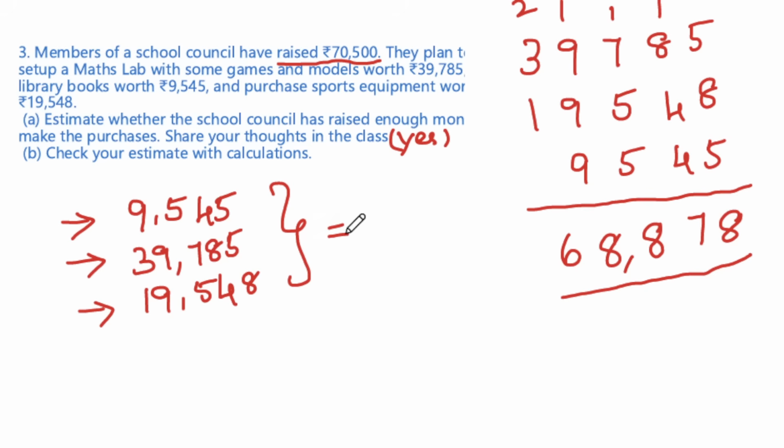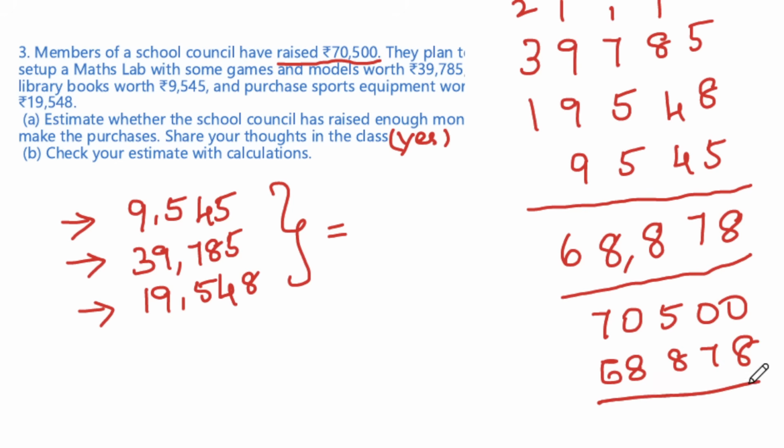Now let's also see how much additional amount they are having in hand. So totally it is like 70,500, and they have collected 68,878. Now you have to subtract these two and find the answer.